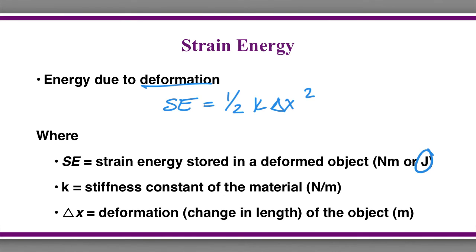K is the stiffness constant of a material, which you will be given within a certain problem set and is measured in Newton meters. And the change in X is equal to the deformation, or the change in length of the object from its original size.